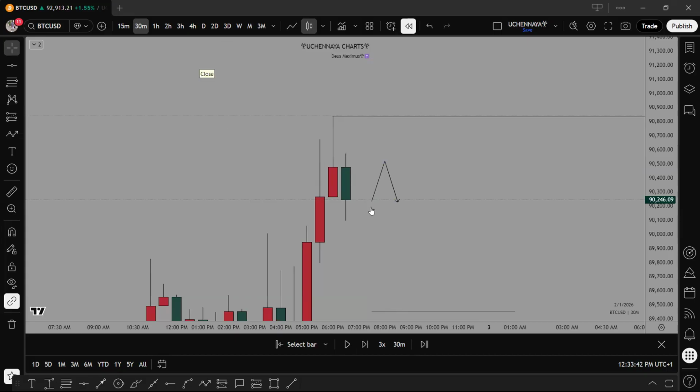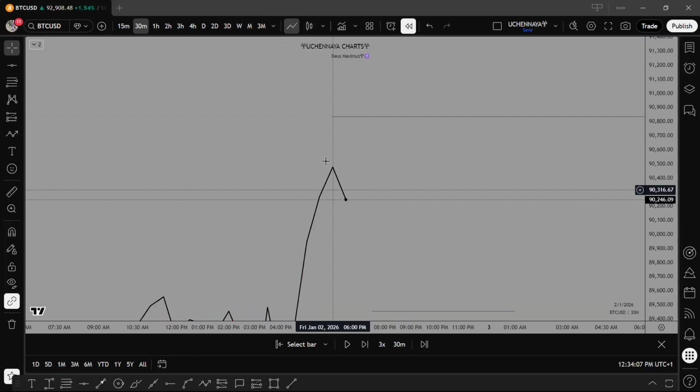So this is what it looks like. We work mostly with line chart and candlestick chart. Now, when you get confused on your line chart, just switch to your candlestick chart. It will make sense. Now, let me remove this. When you go to your candlestick chart, do you see it?